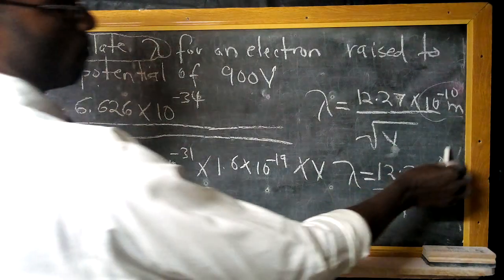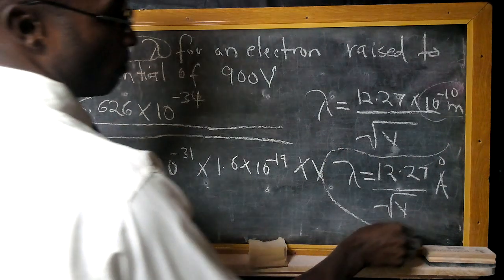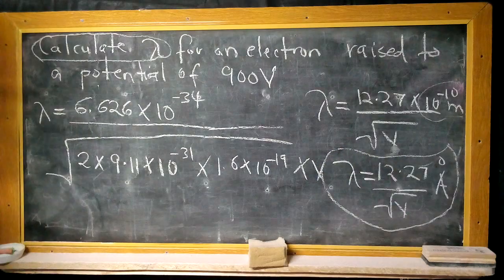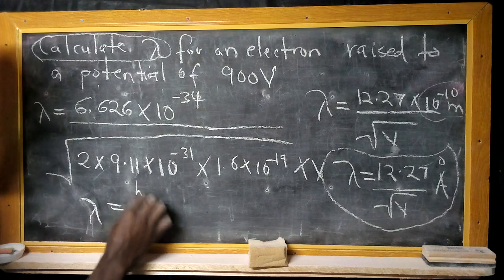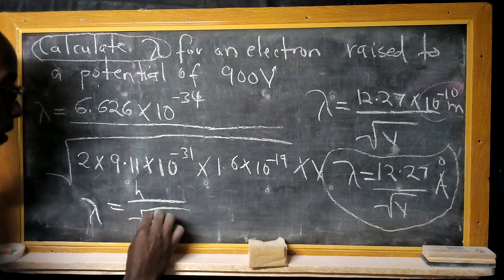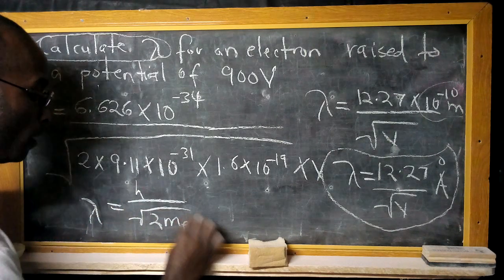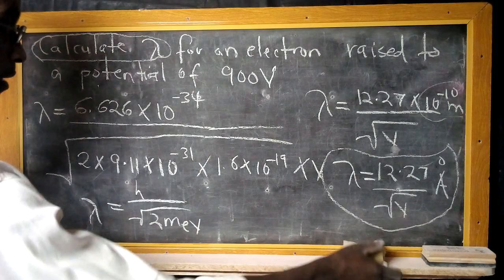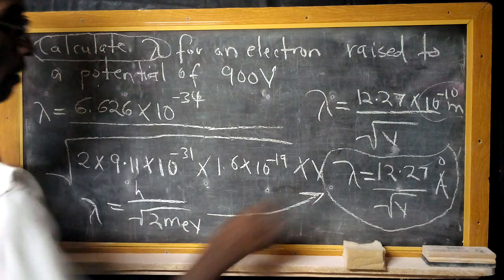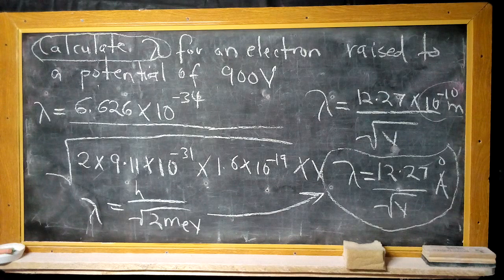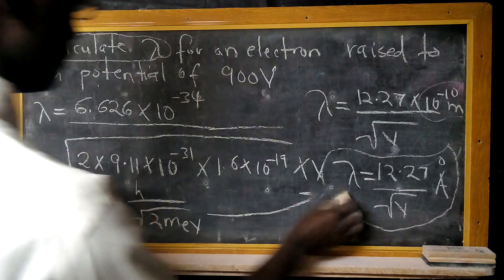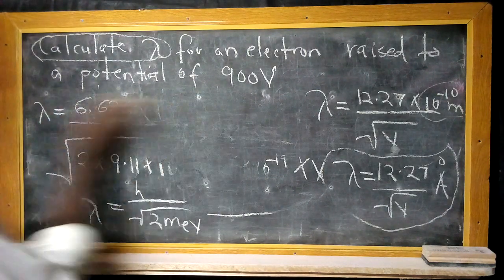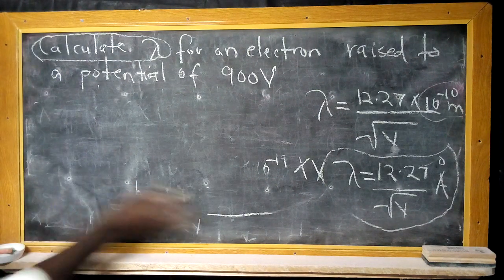This is a simpler form of the formula we have written, which contained h over the root of 2meV, rewritten as that particular formula. We are going to use this formula in finding the solution to this problem, and the units are going to be in angstroms.